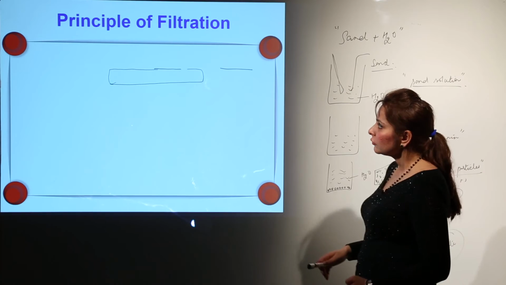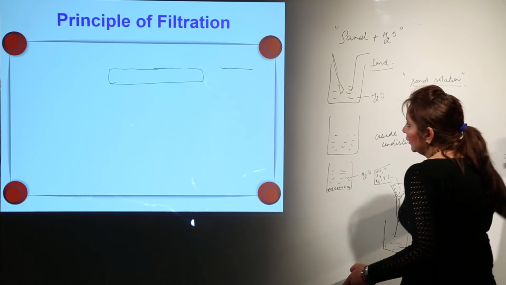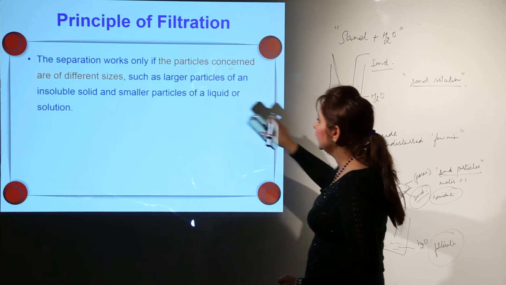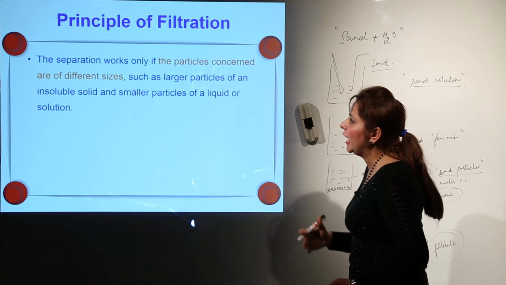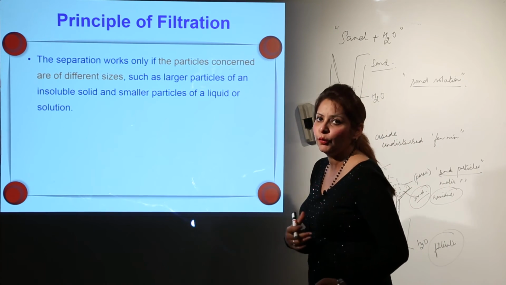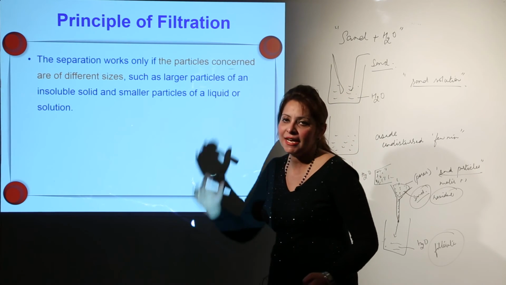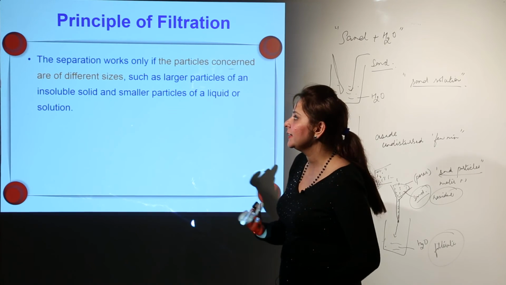So we conclude what was actually happening, or what the principle behind it is. The principle is that the particles are of different sizes. Some are bigger in size, some are smaller.